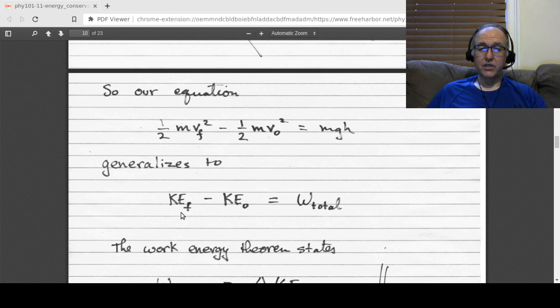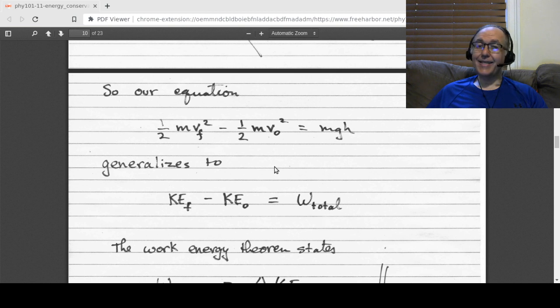That's your final kinetic energy, which we can call KE final. I guess I could have called it just K because usually we use just one letter, but I kind of like KE for kinetic energy. Minus 1 half mv naught squared, which is your initial kinetic energy. So this is your change in kinetic energy here. And what's that got to equal? Mgh, in this case, turns out to be the total work.